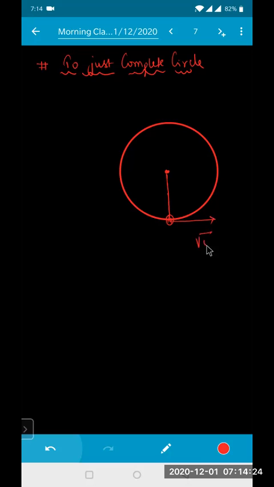Under root of 5g into R. At the highest position when the ball comes, if you need to complete the circle, the velocity should be equal to under root of g into R. So this is your radius, L is equal to R, and this is your particle right now. This is your A here and this is your B, and the particle is somewhere here right now with this velocity.